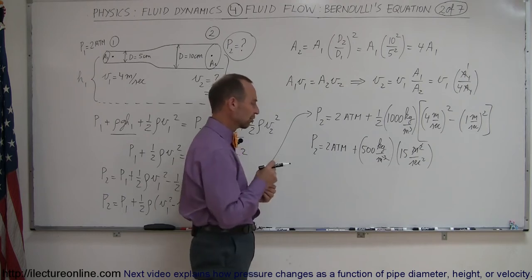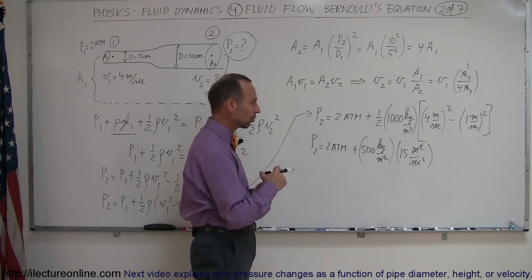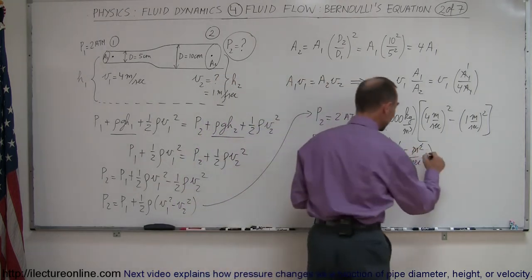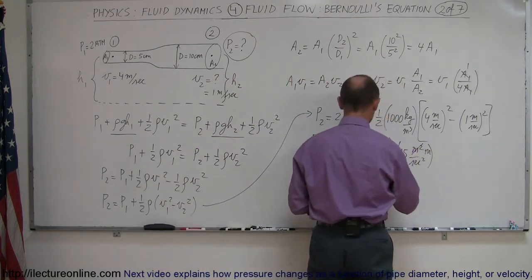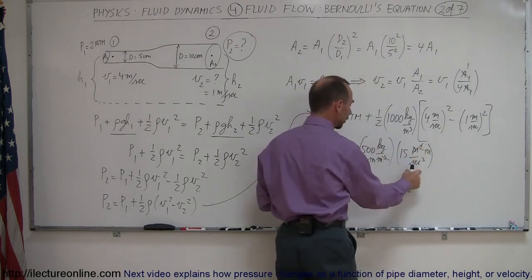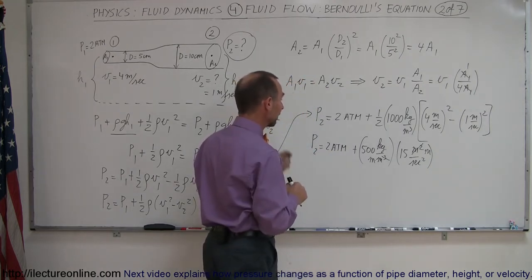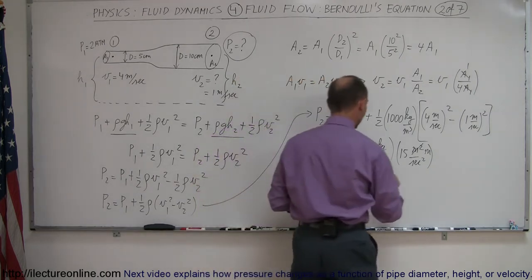I need a unit of pressure, which is newtons per square meter, and a newton is a kilogram meter per second squared. So it looks like I do need a meter here, and another meter over here. That means kilograms meters per second squared divided by meters squared, which is indeed pascal. So the units work out.